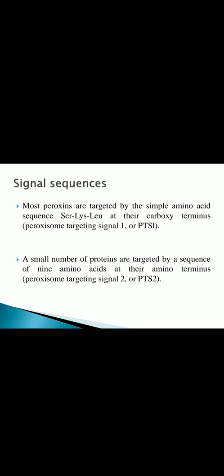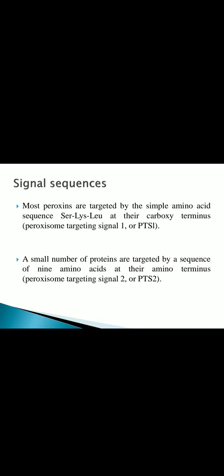First is called peroxisome targeting signal 1, or PTS1. This is the signal sequence which is present at the carboxyl terminus of the polypeptide chain, which includes the amino acid sequence of serine, lysine and leucine.